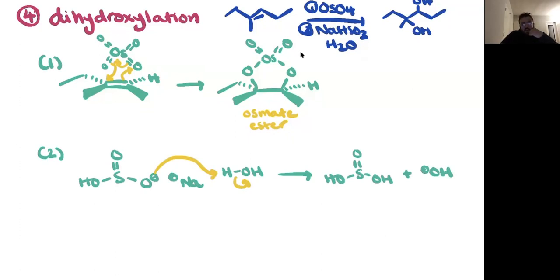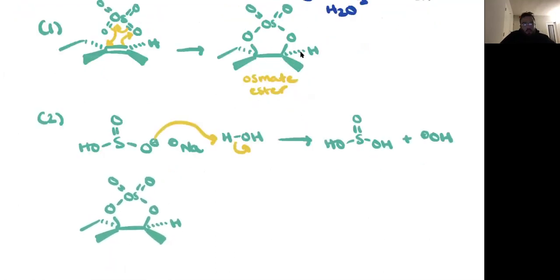Okay. Now we're going to take the hydroxide and add it back into our osmate ester. So the hydroxide comes in and attacks the osmium over here, breaking this osmium oxygen bond or coordination, whatever you want to call it.